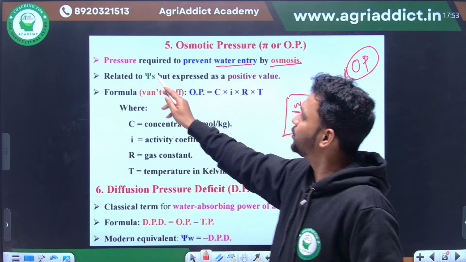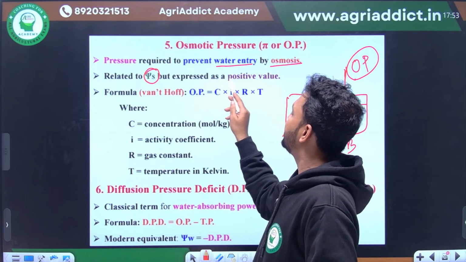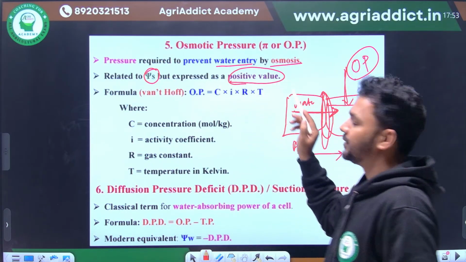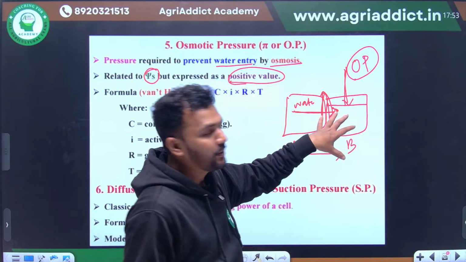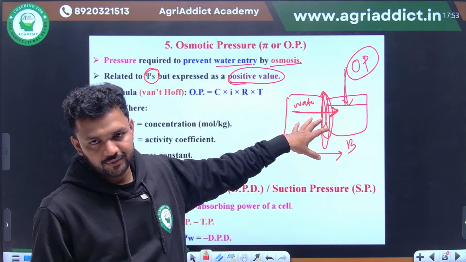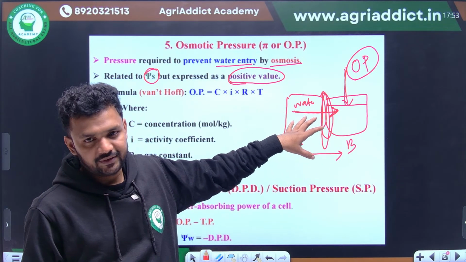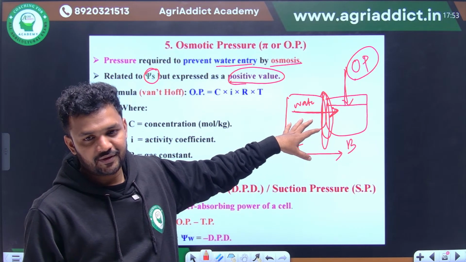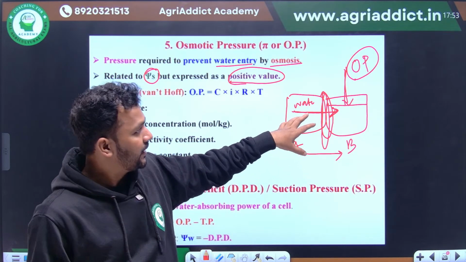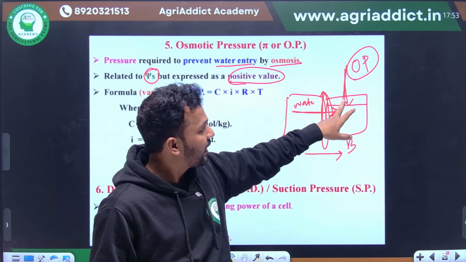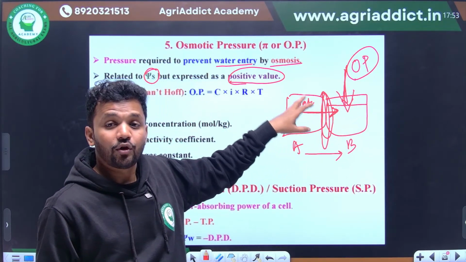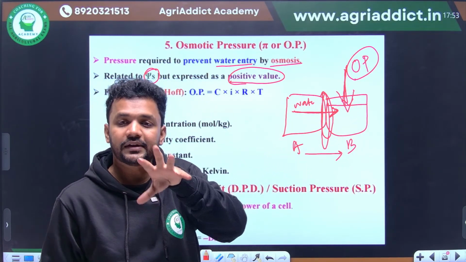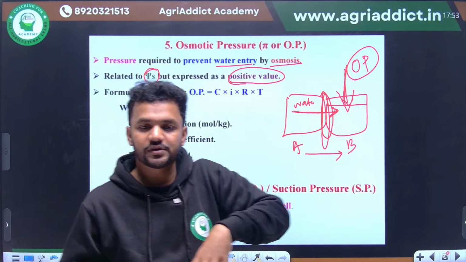It is related to solute potential but expressed as a positive value. This flow will be dependent on the concentration of solute, isn't it? But here the pressure is external, it will be positive, and it is stopping the flow that is occurring due to the difference in solute concentration.